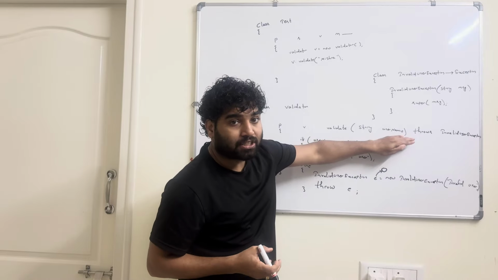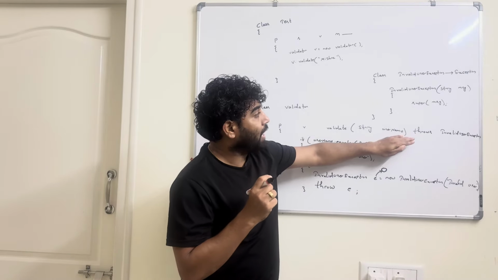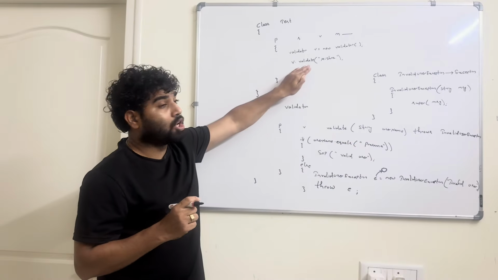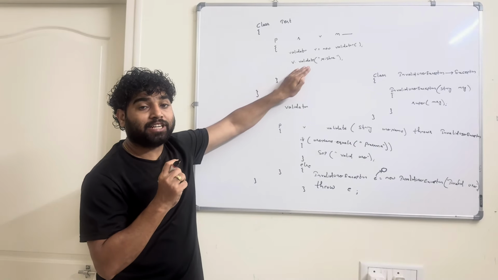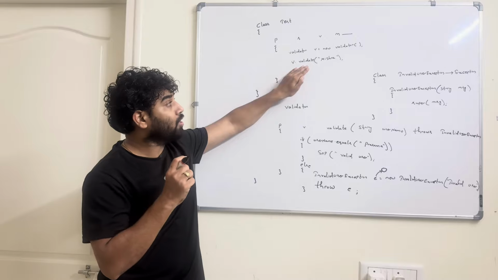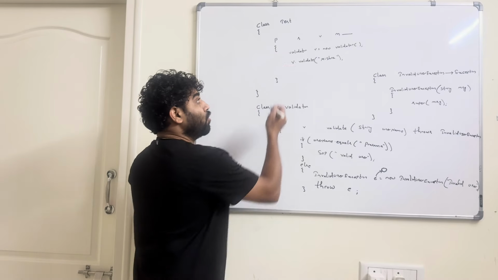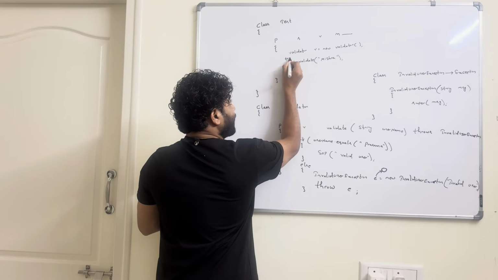As this method is throwing a checked exception, the compiler will force the caller method to handle that exception, so it will force us to surround this piece of code within this try and catch block.